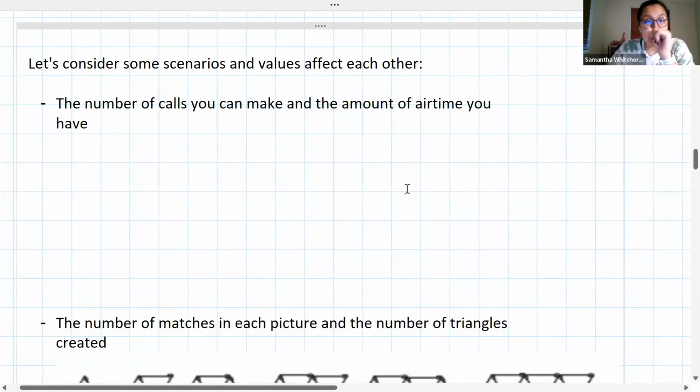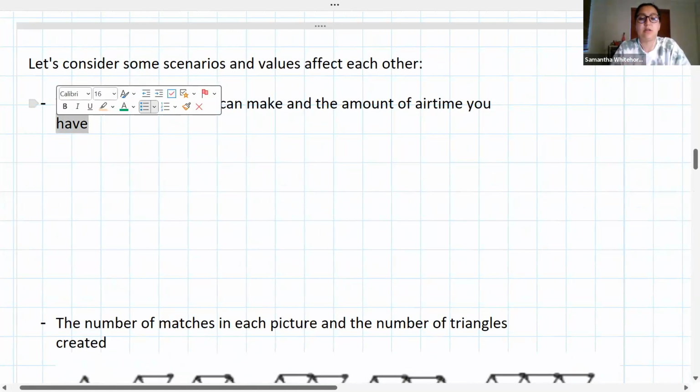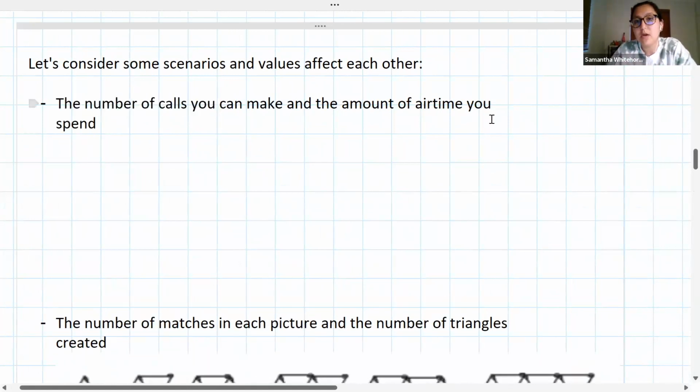Okay, so the first scenario that we have here is, and I'm going to try to get my English correct here, the number of calls you make and the amount of airtime that you spend. If we think about this logically, are you going to spend more if you make more calls, or are you going to spend less if you make more calls?